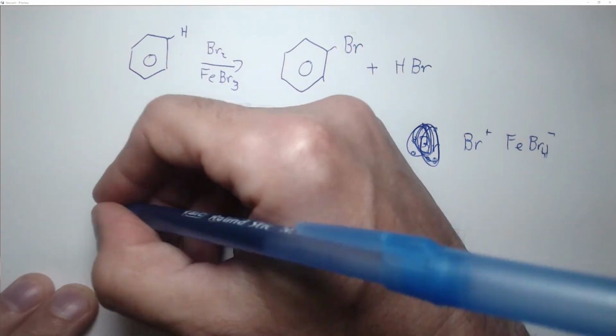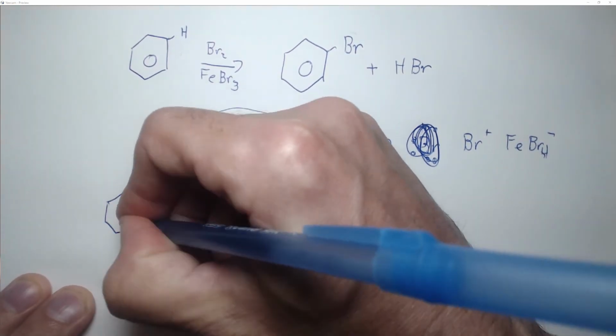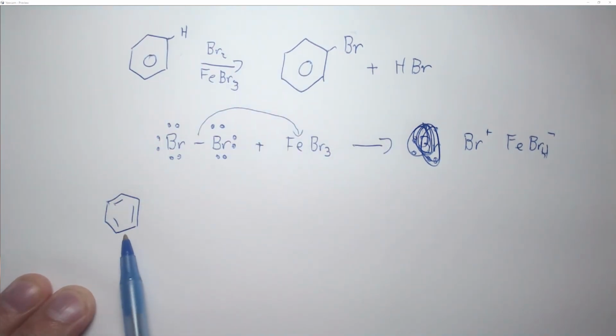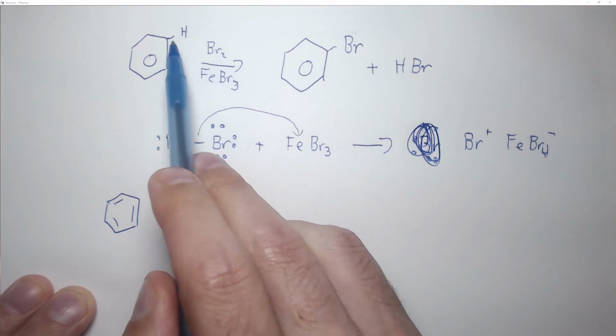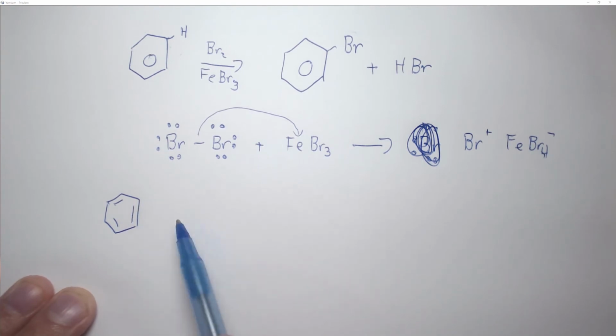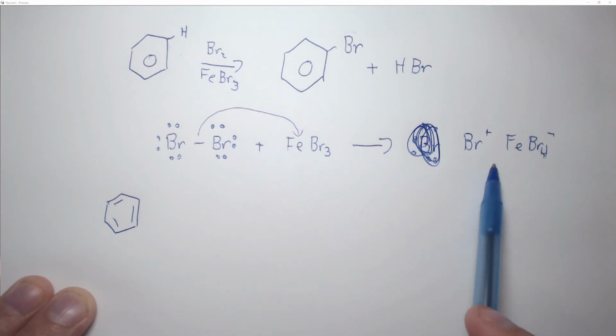So now we can interact that with our benzene ring. And notice when I'm drawing the benzene ring in mechanisms, I have to draw the 3 bonds instead of the circle, because this pi bond is the source of electrons. This is the nucleophile, just because it's going to happen to be physically closest to this one.